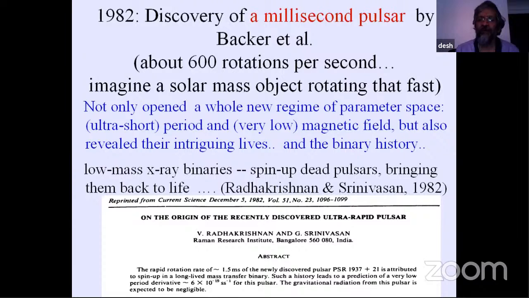There was no hint of any binary companion from its general behavior. But in terms of its overall appearance as a low field short period pulsar, people had inferred this.